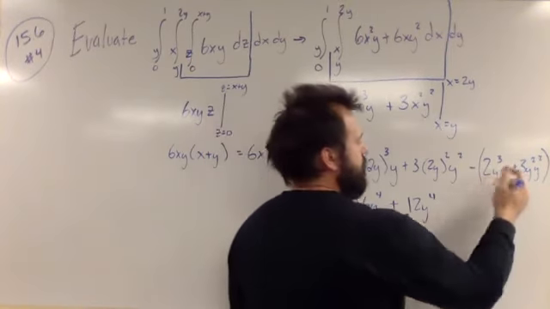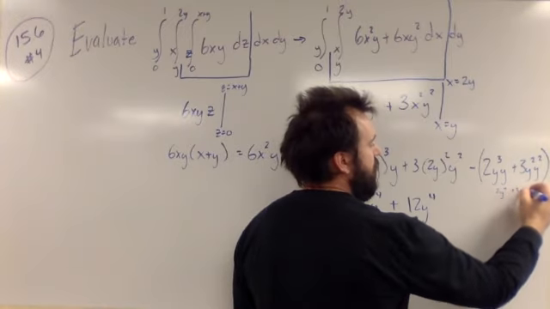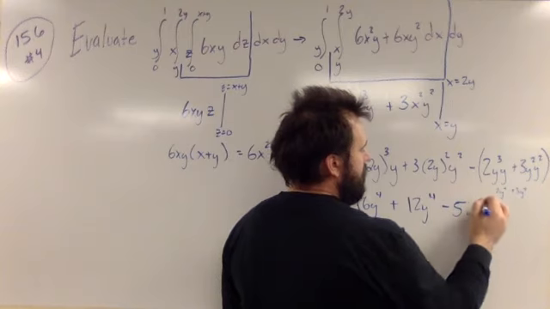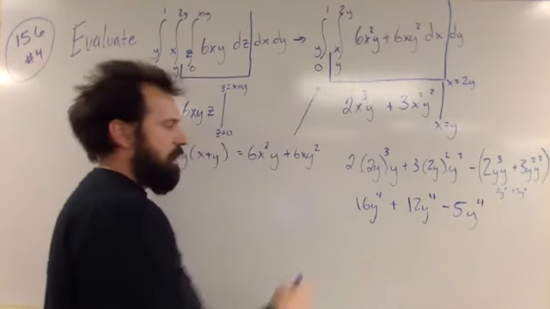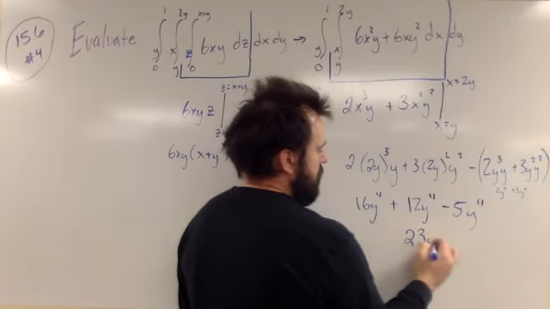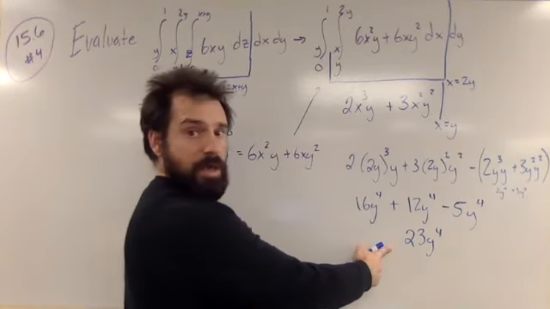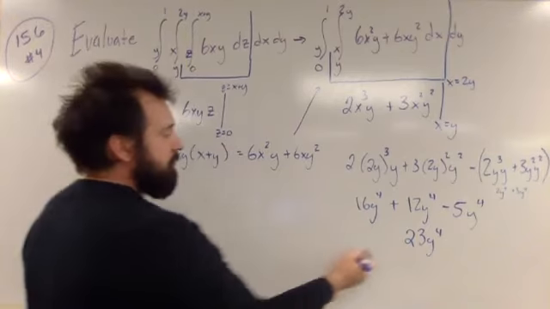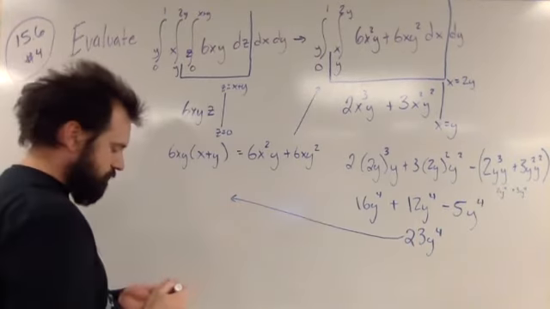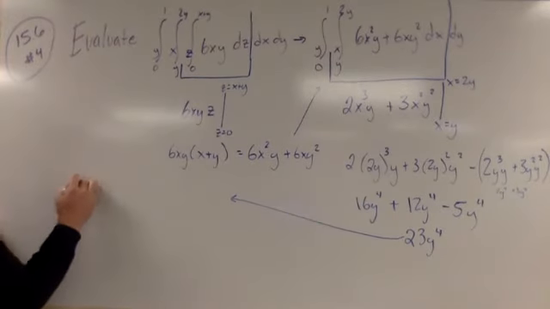Over here, this is 2y to the 4th plus 3y to the 4th, so that's minus 5y to the 4th. 28 minus 5 is 23. So now I'm going to rewrite this over here in my blank space. This is what I'm going to plug into my next integral. Now I'm going to calculate.